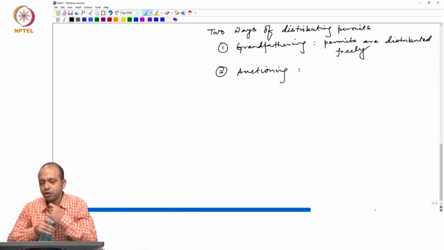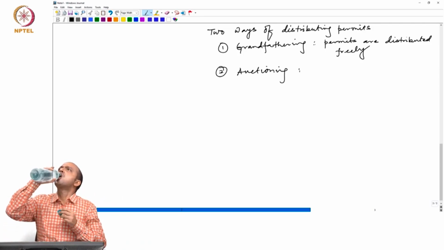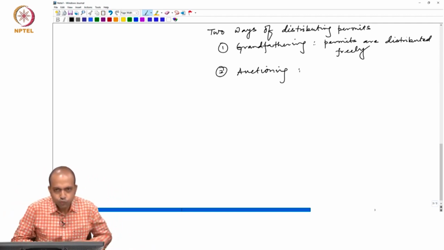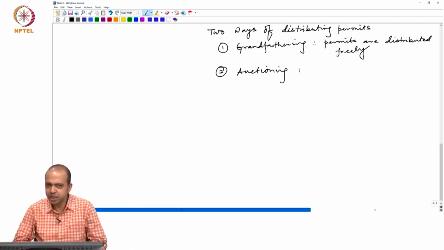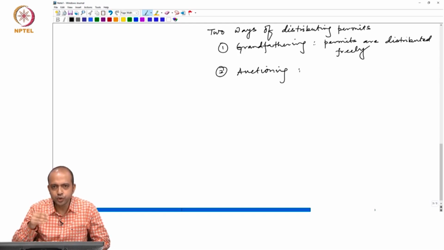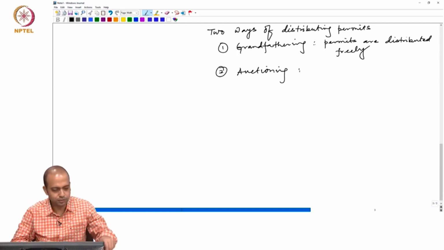Obviously, in that auctioning, a high cost firm will outbid the low cost firm, because if my cost of abatement is very high, I will have more demand for this permit. If I am a low cost firm, my cost of abatement is very low, I do not require that many permits, so I will bid only a very small amount.